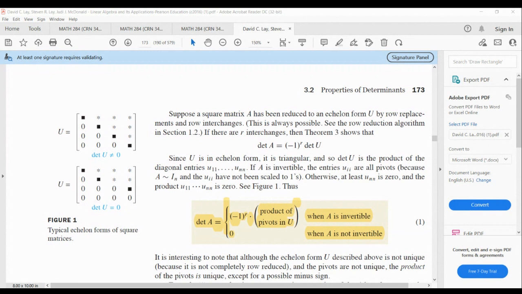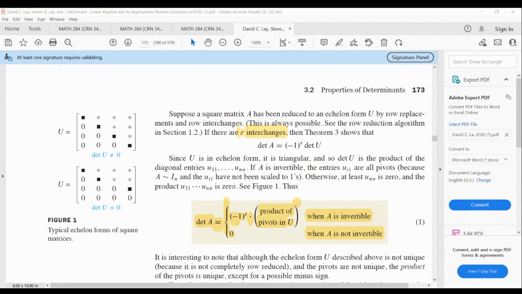Record how many row interchanges you're using. They're using R to stand for interchanges. It makes sense. Take -1 to the rth power and multiply it by the product of the pivots of the matrix A when it's in echelon form.